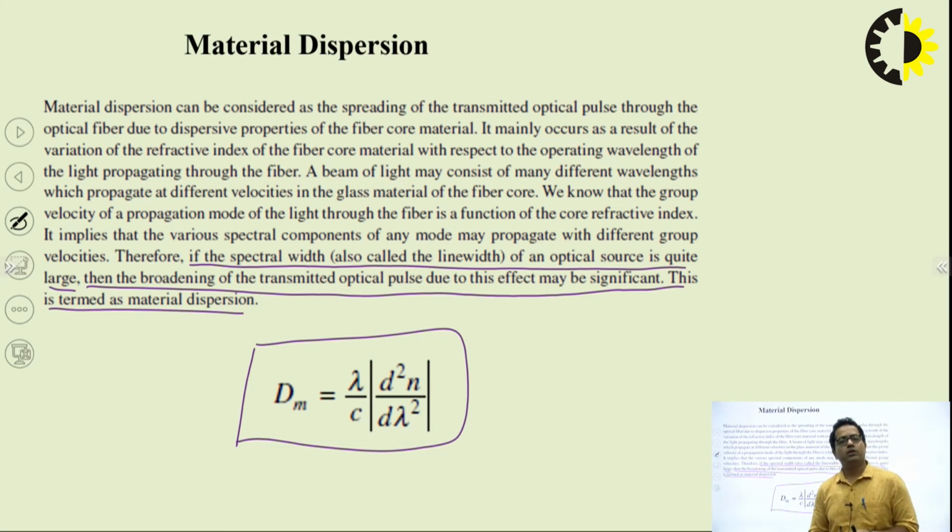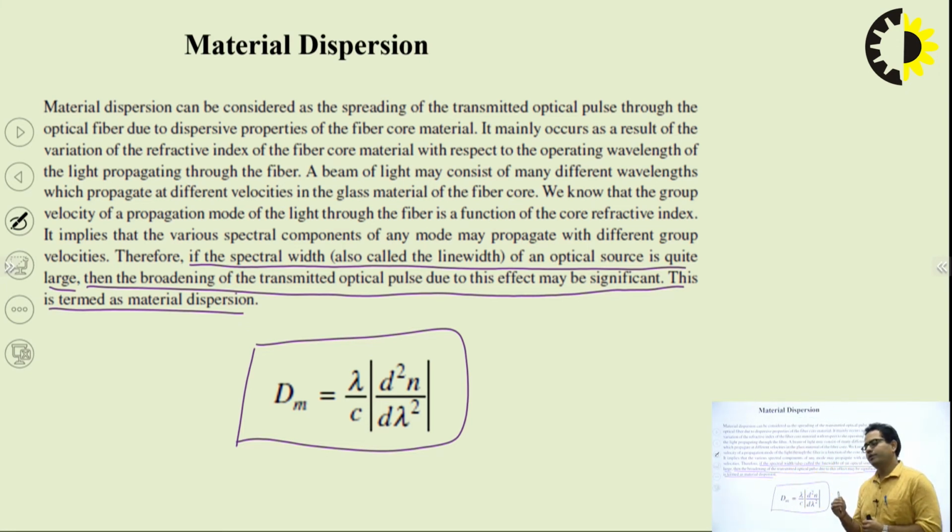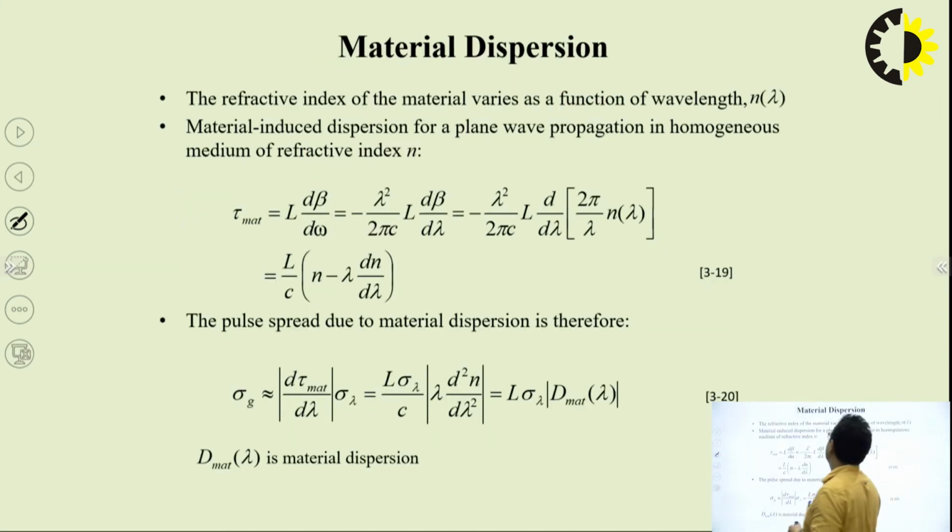So if dispersion is occurring because of the variation in the refractive index of the fiber core with respect to the operating wavelength of the light propagating through the fiber, then such a dispersion is called material dispersion. This is the formula which relates the material dispersion with the different parameters.